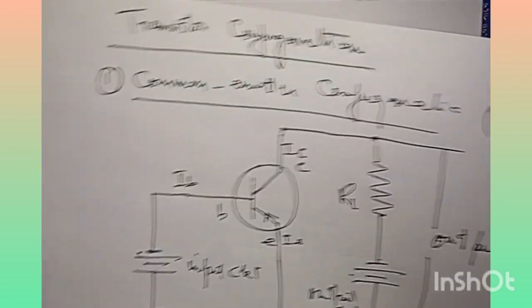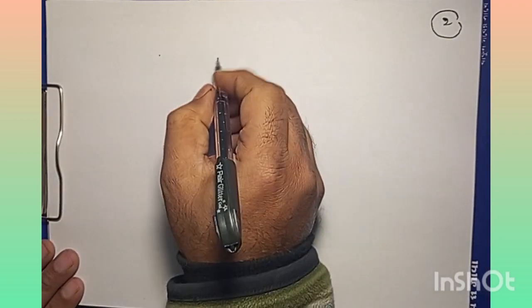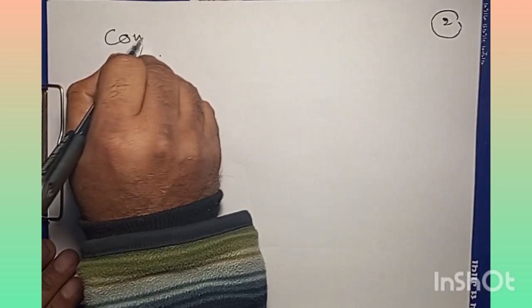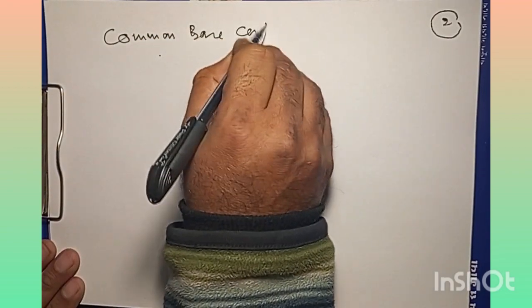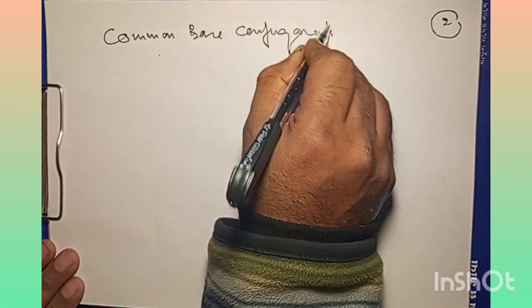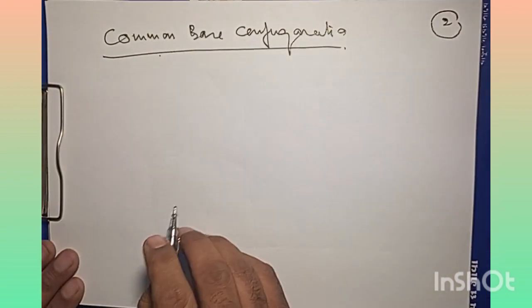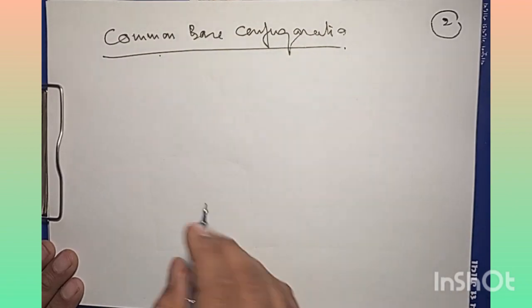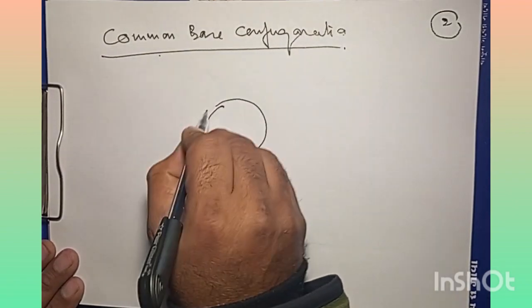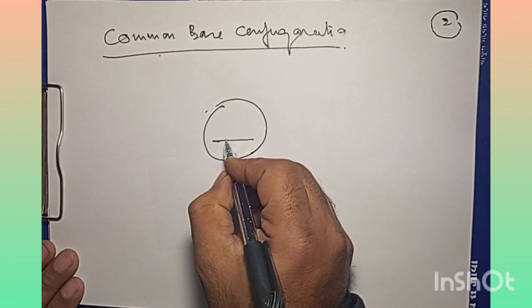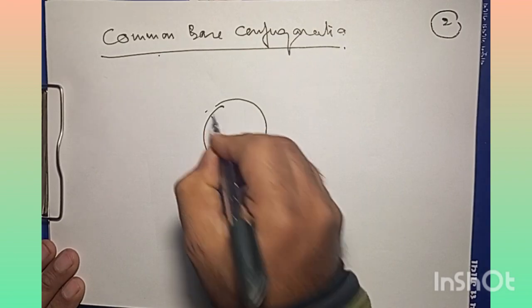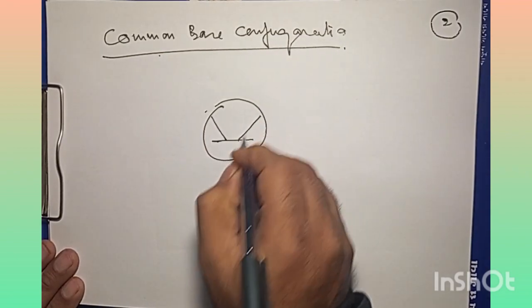Now, the next configuration is the common base configuration, and we would like to go for its circuit diagram and see how we are able to bifurcate this input circuit from the output circuit. So common base configuration. All right, so here we have a transistor, and in this case we have the base, and we have to make sure that the base is common between input and output circuit.